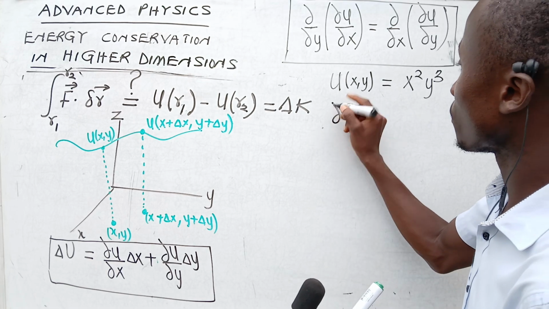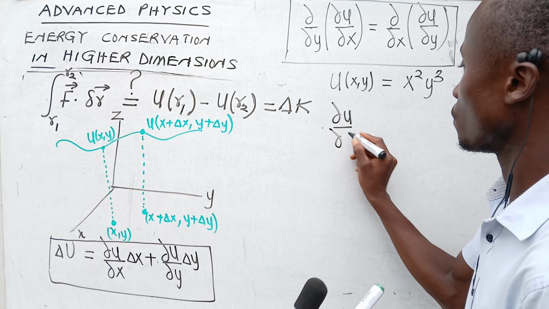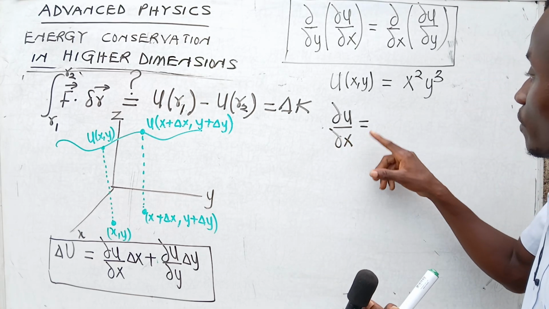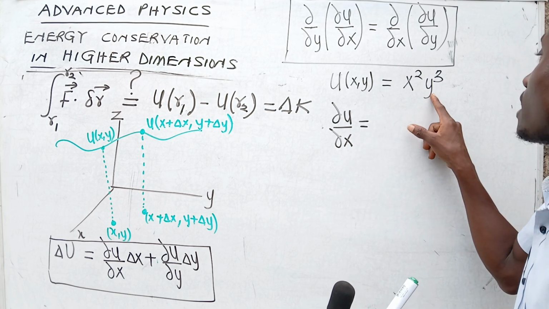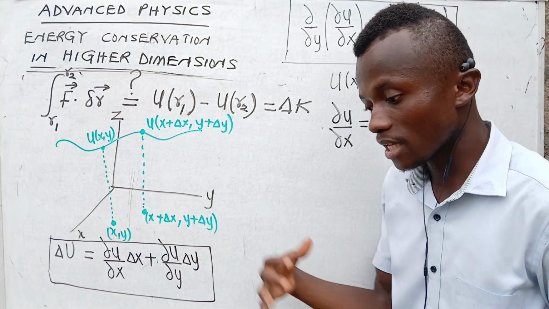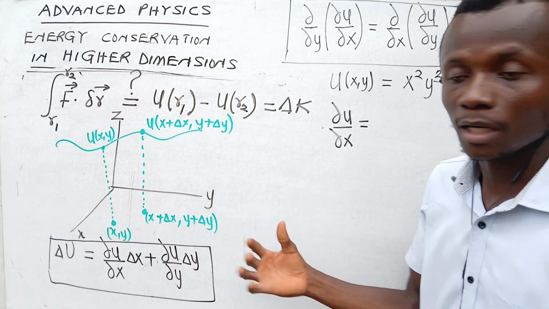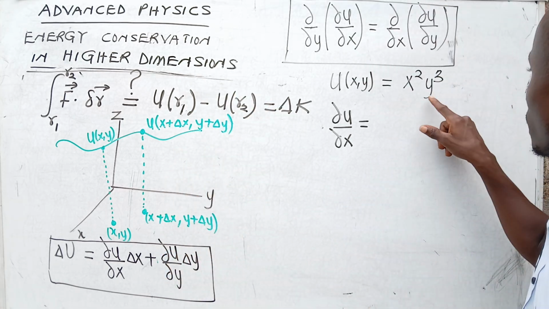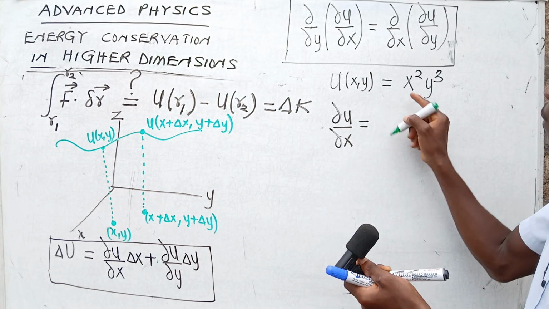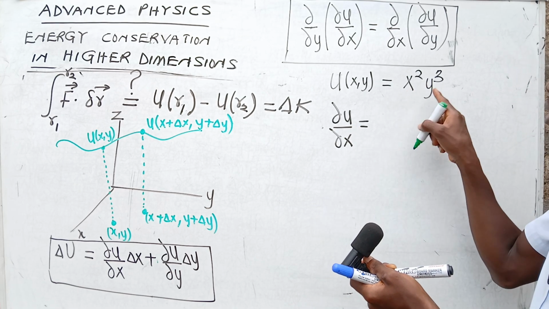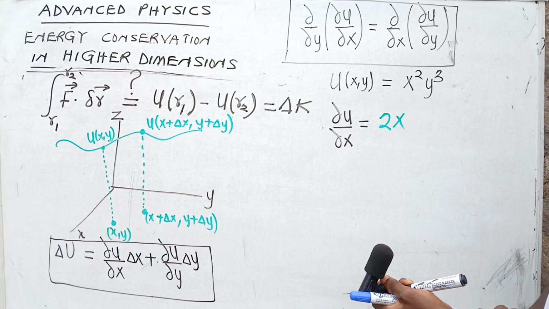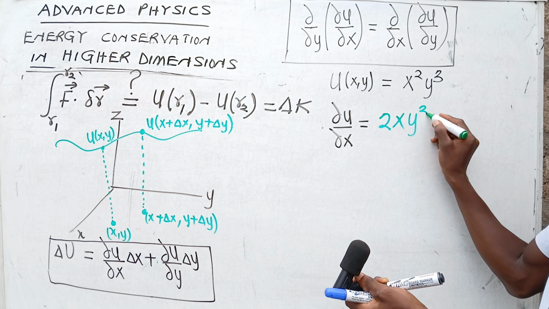So partial derivative of this height function with respect to x is taken like this. If it is with respect to x, you keep y as if it is a constant. You do nothing to y. It's like taking a derivative that we have taken before, keeping this as a constant. So you differentiate x, but then you keep y a constant. So we have 2x y cubed. That's it.